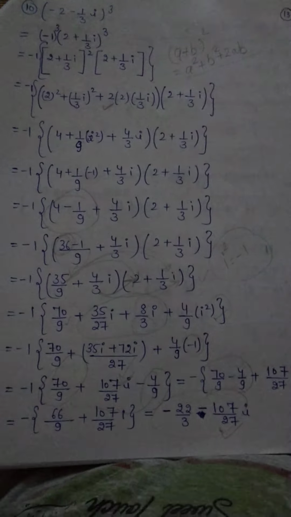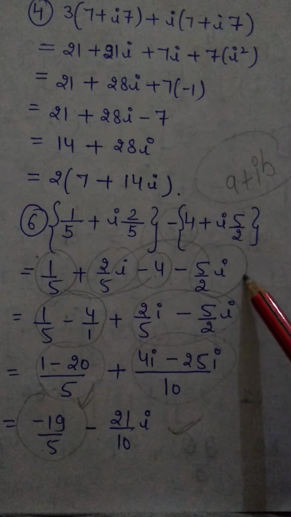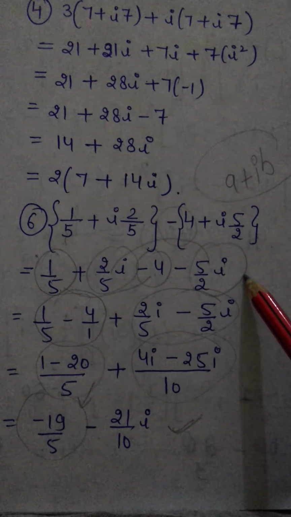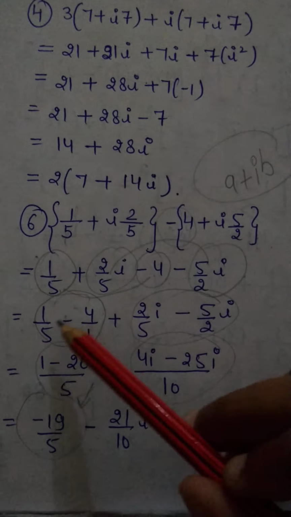What I have done, within this bracket whatever the digits are there, I have changed the sign, and I have got minus 4 and minus 5 by 2 iota. Clear? Now this 1 by 5 minus 4 and then 2 by 5 iota, then minus 5 by 2 iota. Simply we will get this answer in the form of a plus iota b. This was the first question which I have done in today's class.